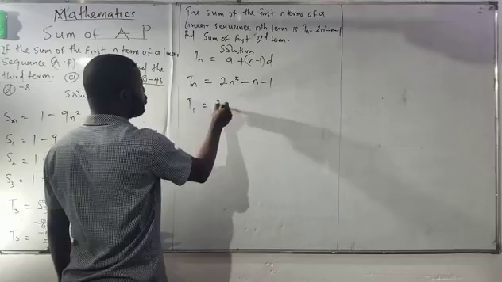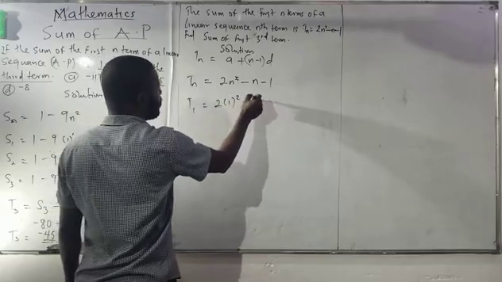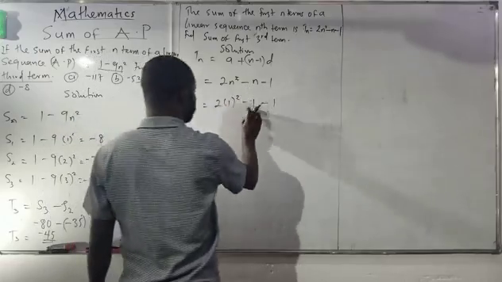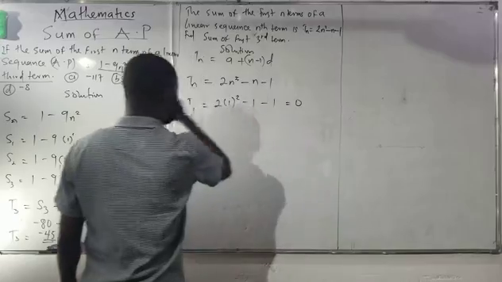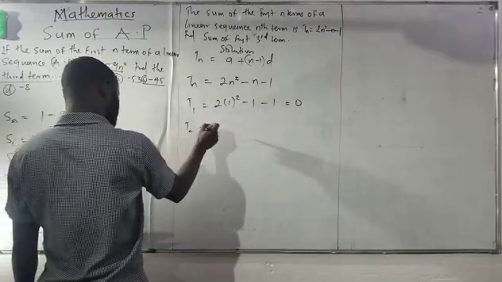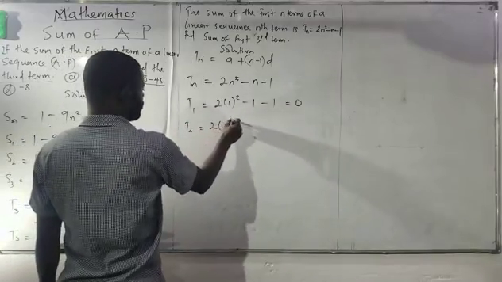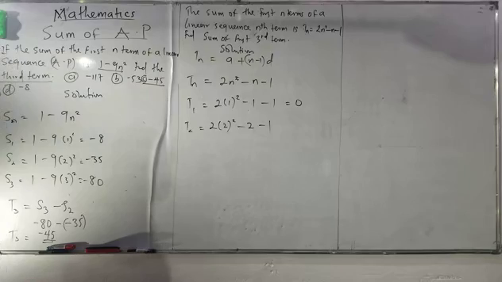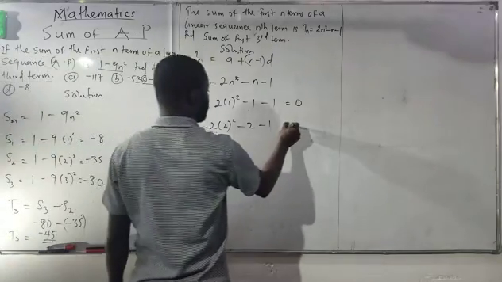Now, what I need to do is start by saying T of 1 equals 2 bracket of 1 squared, minus 1, 1, 2, 2, it will be 0. Now, T of 2, which will be what? 8, 8 minus 3, it will be 5.